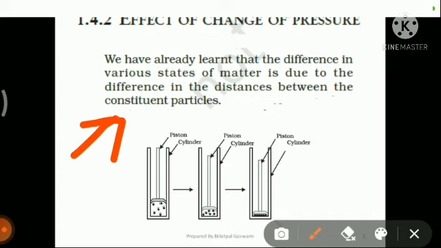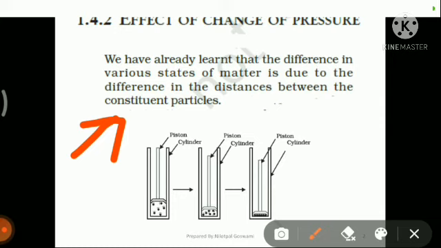The space between the particles of a solid is less, the space between the particles of a liquid is higher than solid but lesser than gases, and similarly the space between the particles of gases is the maximum. Due to this space between the particles, the whole arrangement of the particles changes, and due to this we can see the three different states of matter.